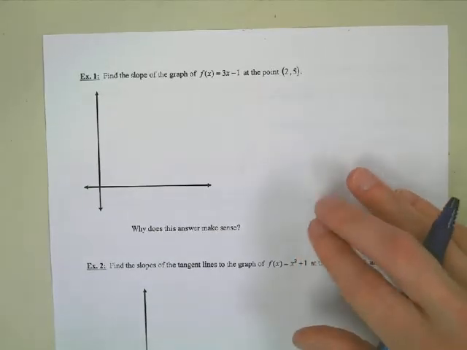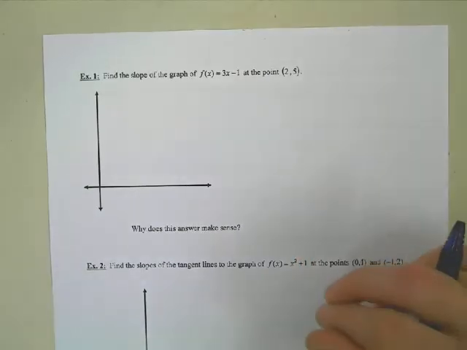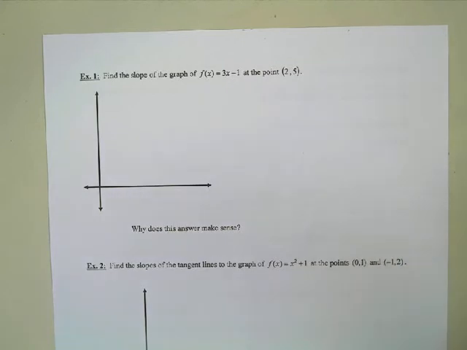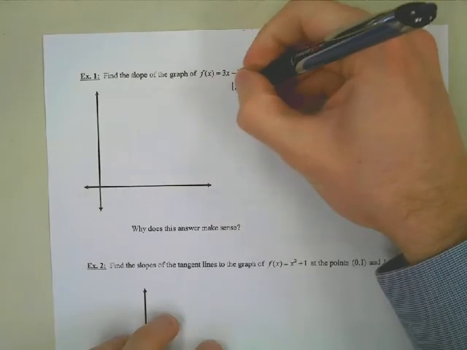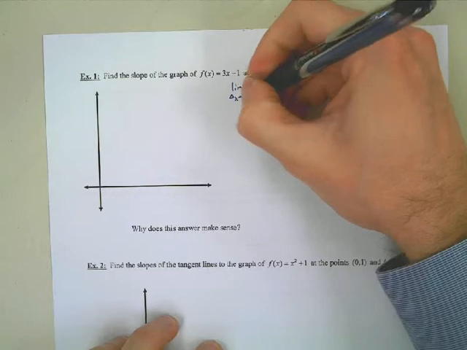We want to find the slope of the graph of f of x equal to 3x minus 1 at the point (2, 5). To find the slope here, we're going to use the limit. We're going to put this limit into practice and see if it actually works.